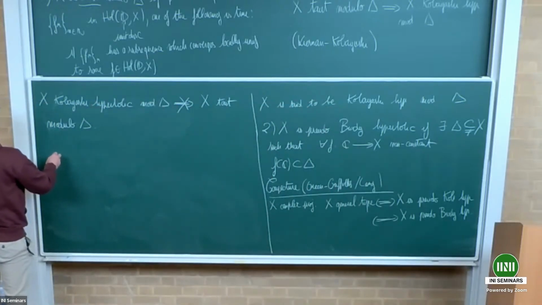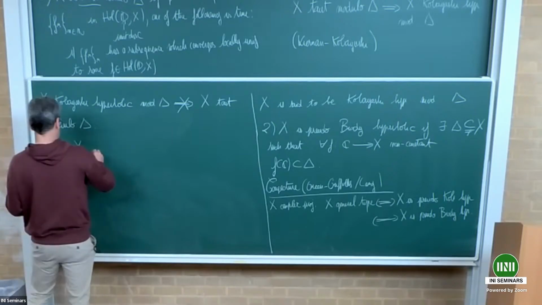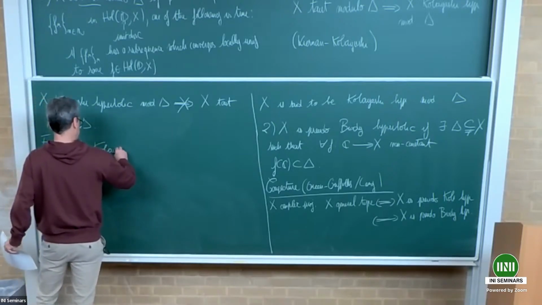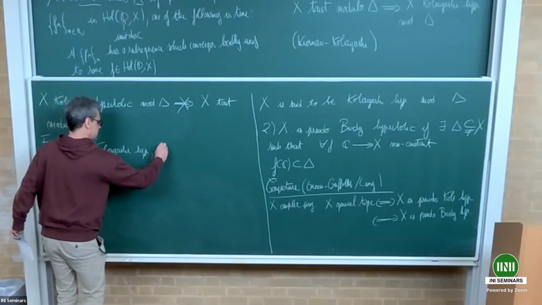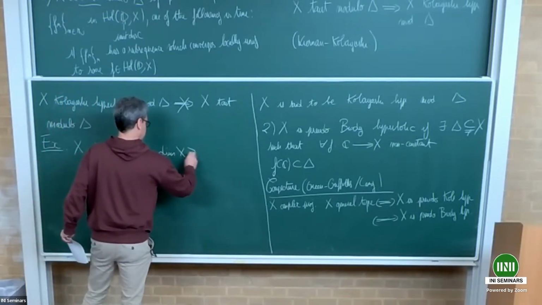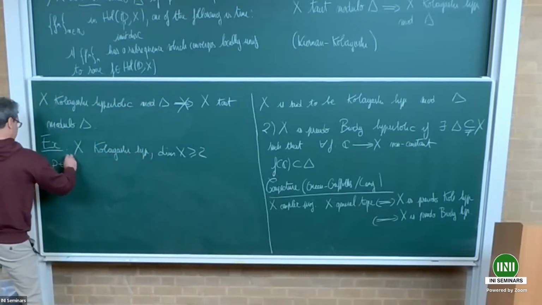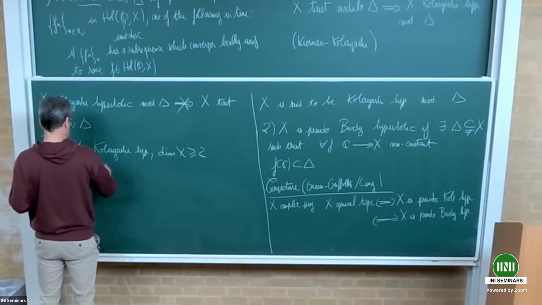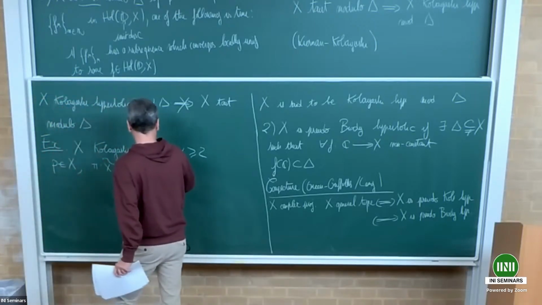So again, you pick X Kobayashi hyperbolic of dimension at least 2. And you pick a point and you blow up. So the blow up at P.